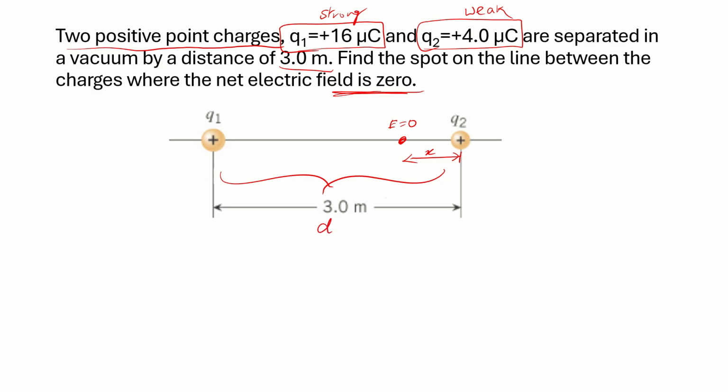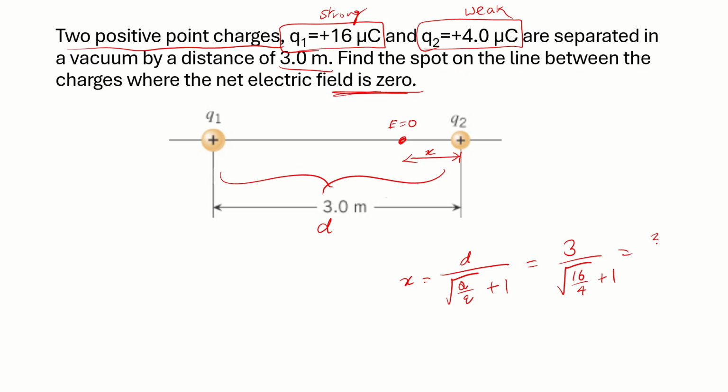As per the formula, we have to use x equal to d over square root of the strong one by the weaker one plus 1. So which is equal to 3 over square root of the strong charge 16 by the weak charge 4, no need to write micro, plus 1.